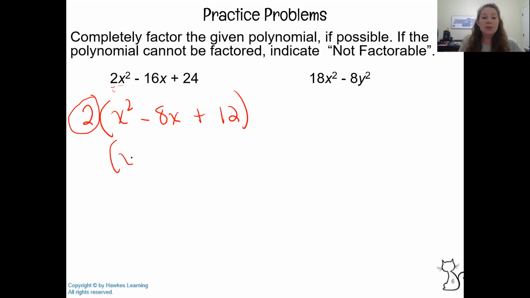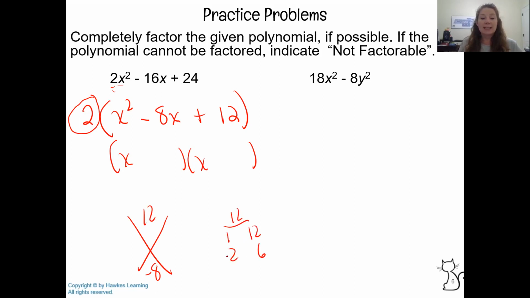Now we're thinking of 2 numbers that multiply to give me 12 and add to give me -8. So the factors of 12 are 1 and 12, 2 and 6. Can I get a -8 from there? Yes. Isn't -2 times -6 +12? And -2 plus -6 is -8.